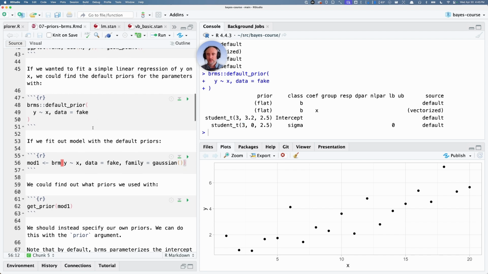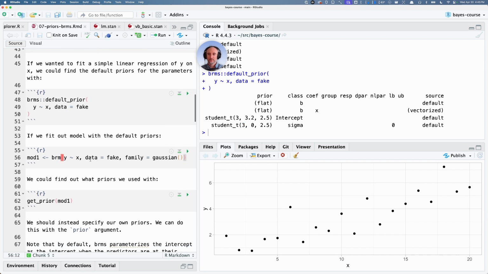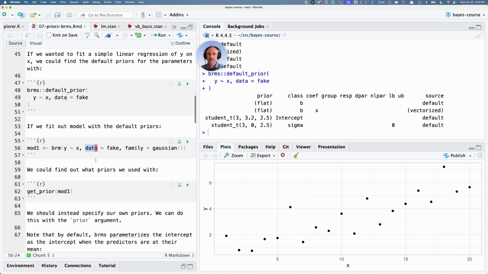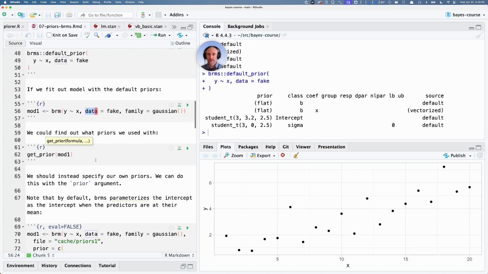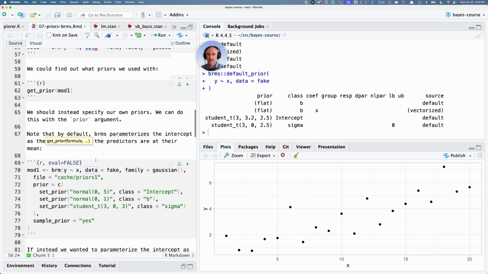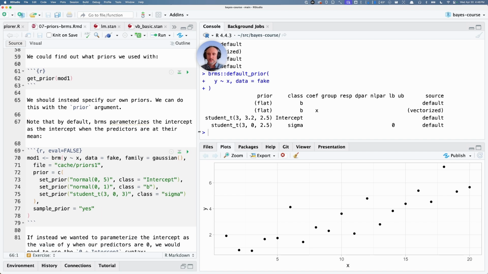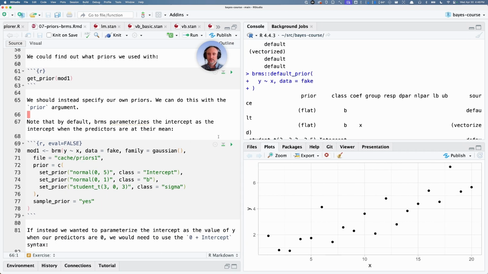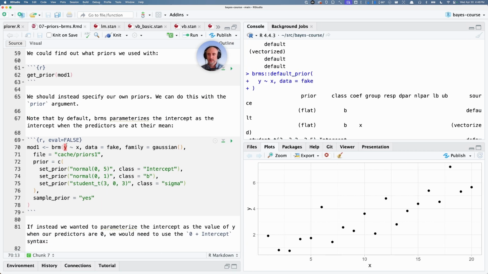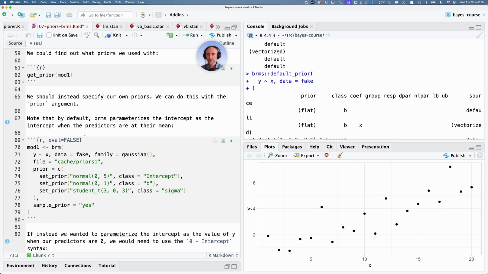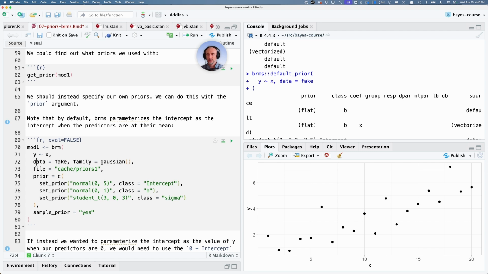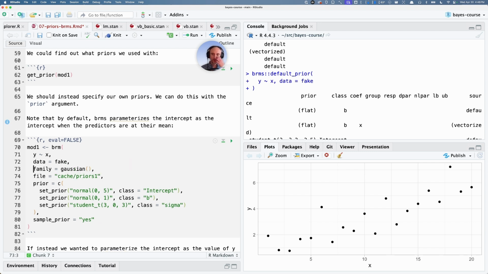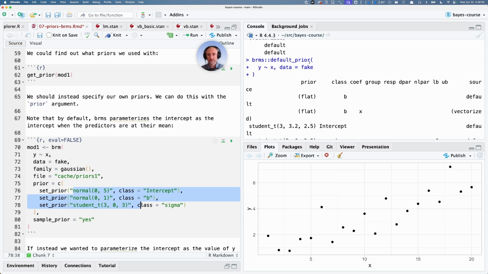So we could fit our model with the default priors like this, but instead we want to specify the priors ourselves. Now if we fit it like this, as we did before, we've got y tilde x as our formula, we have our data and our family, and we set our priors here, and they match the available priors that we saw with default_prior.